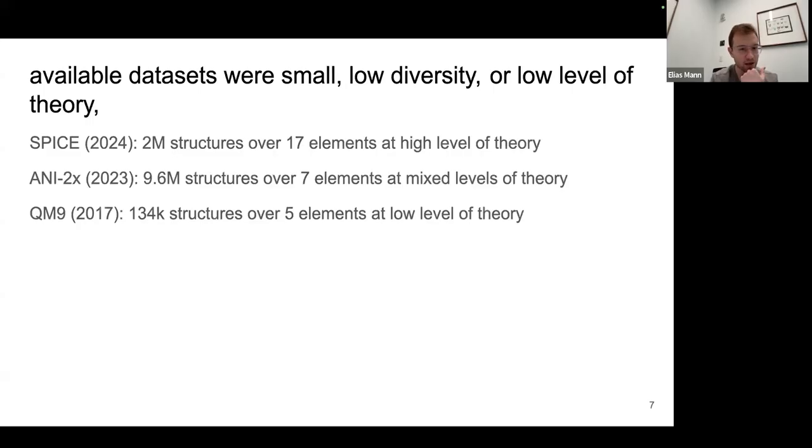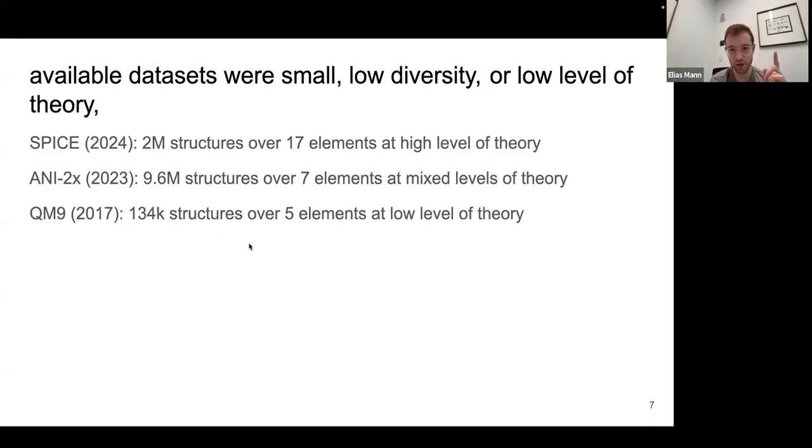We have Spice, which we actually include in the datasets that we train on, but it's 2 million structures over 17 elements at a high level of theory. ANI-2x has 9.6 million structures at a mixed level of theory, some high level, some medium, low level. And QM9 is a pretty famous one, only 5 elements, low level of theory.